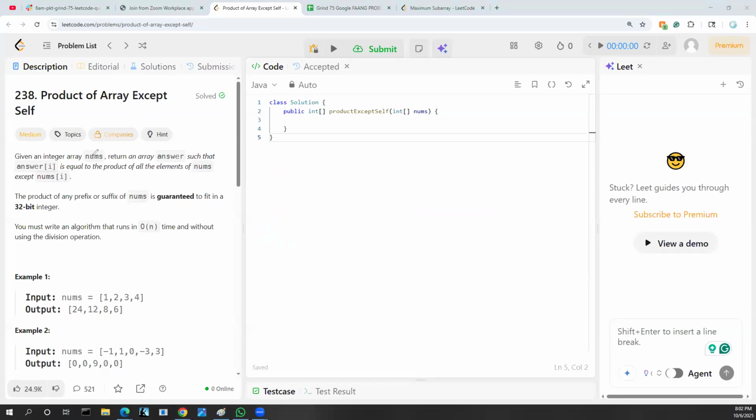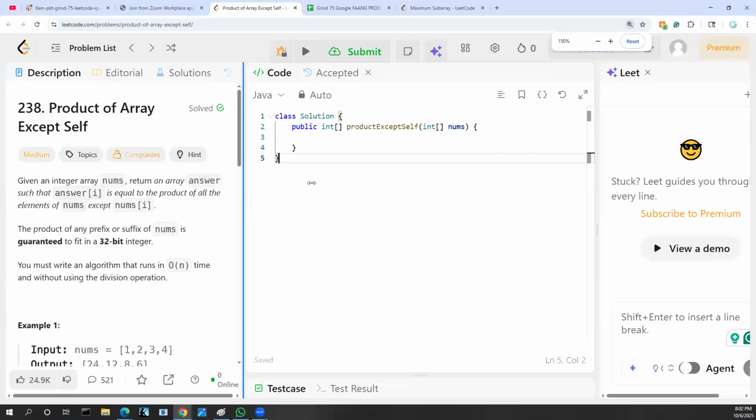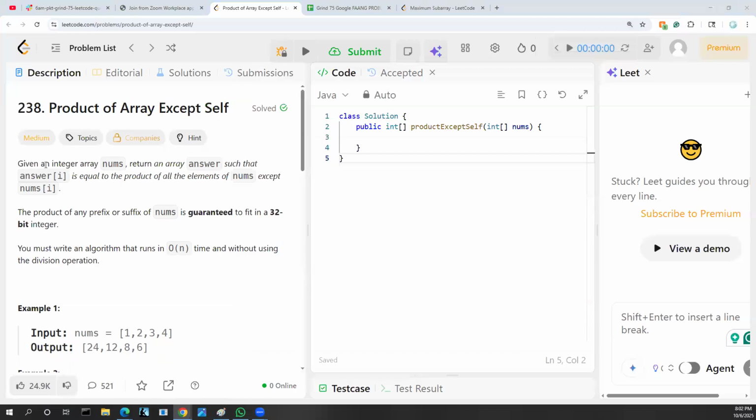So the question states that given an integer array, nums, return an array answer such that answer of I is equal to the product of all elements of nums except nums of I.